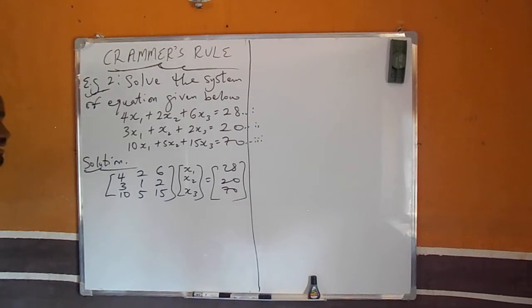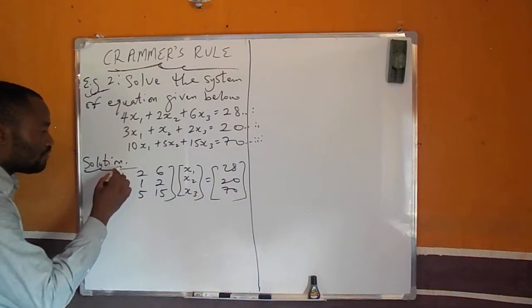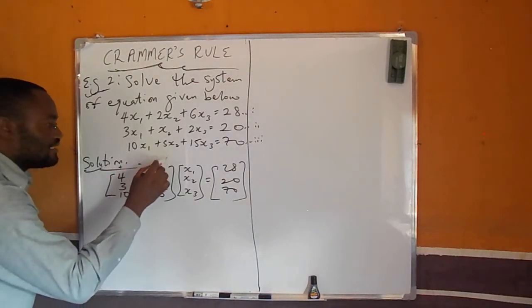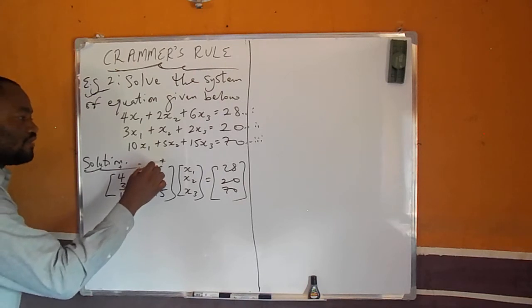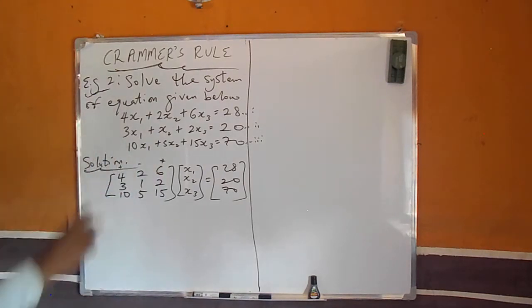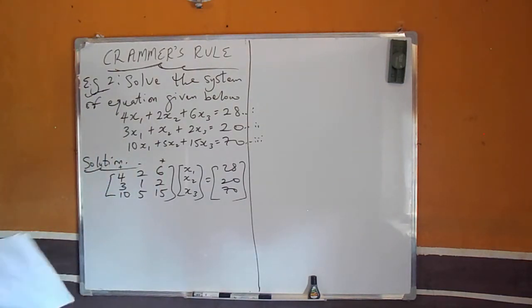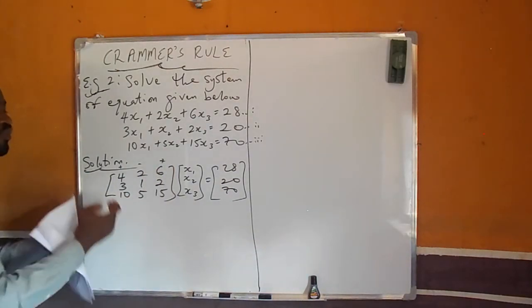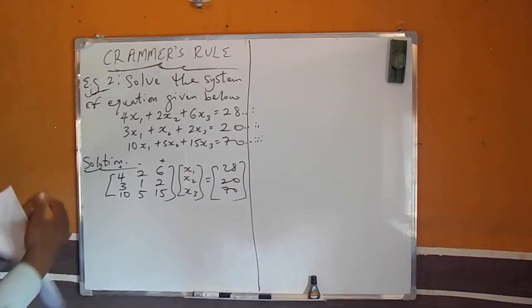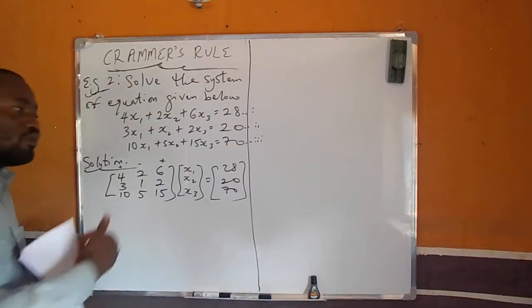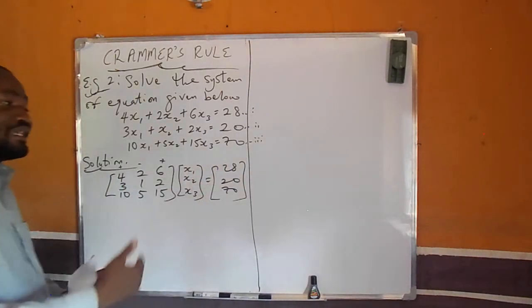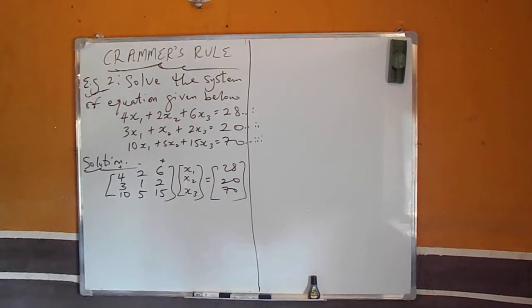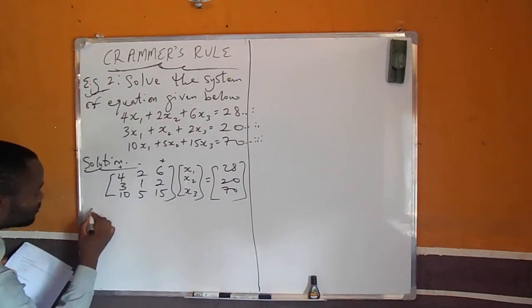Don't forget that the signs used to be plus, negative, positive. In the determinant of A, we make use of only the box comprising the coefficients of x1, x2, and x3, excluding the 28, 20, and 70.